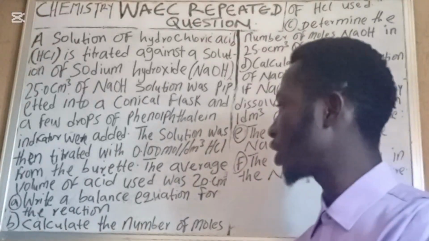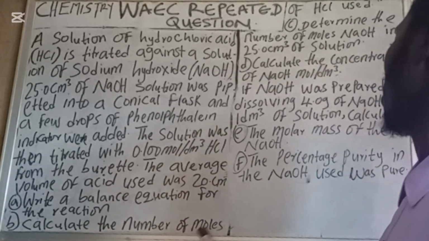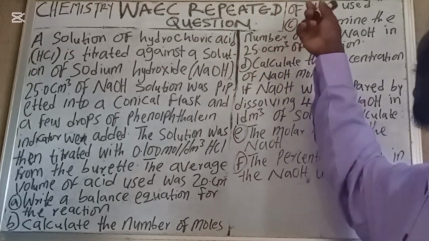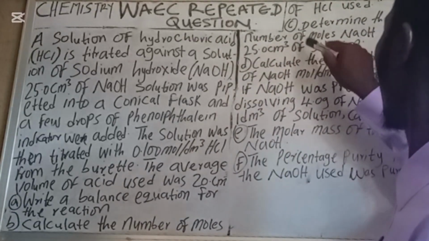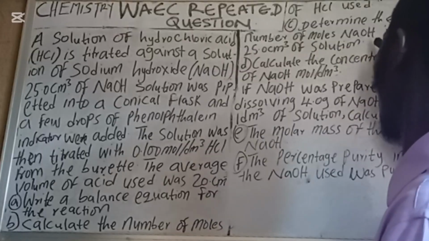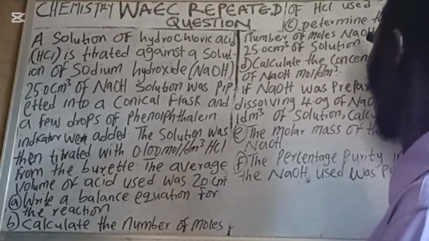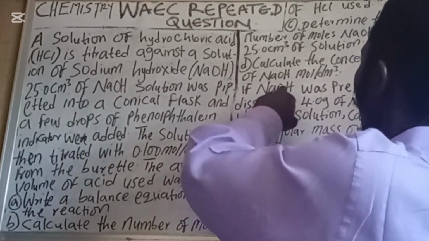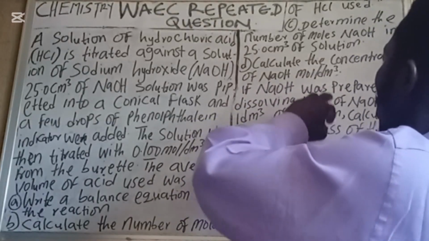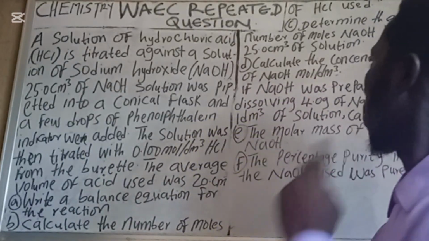B. Calculate the number of moles of HCl used. C. Determine the number of moles of sodium hydroxide in 25 cm³ of solution. D. Calculate the concentration of sodium hydroxide in mol/dm³.